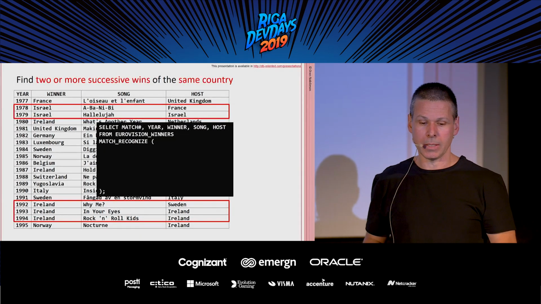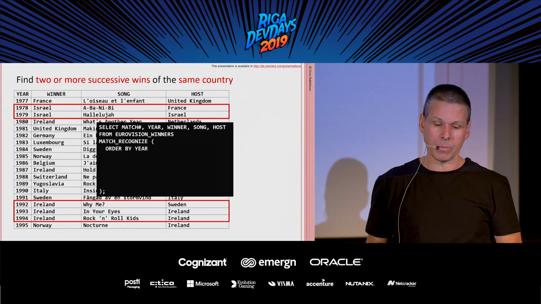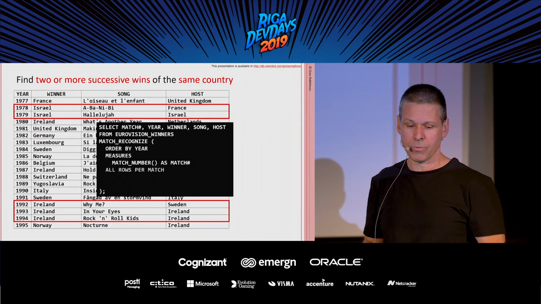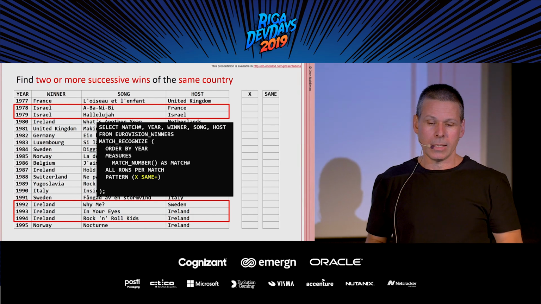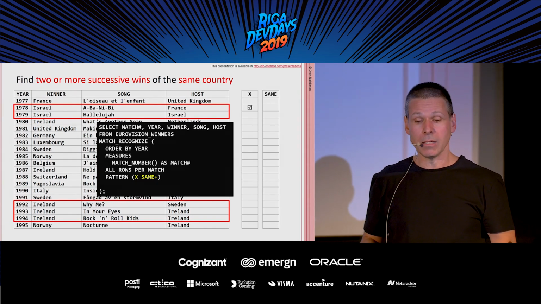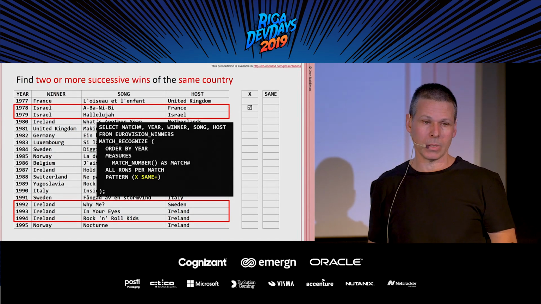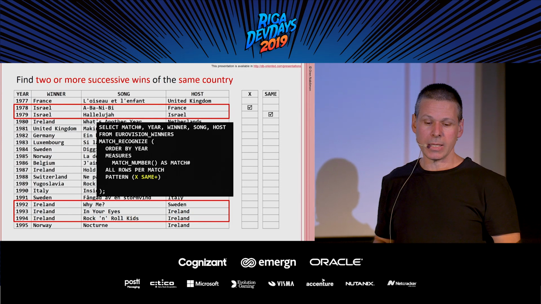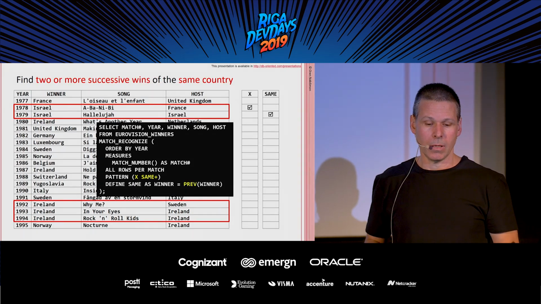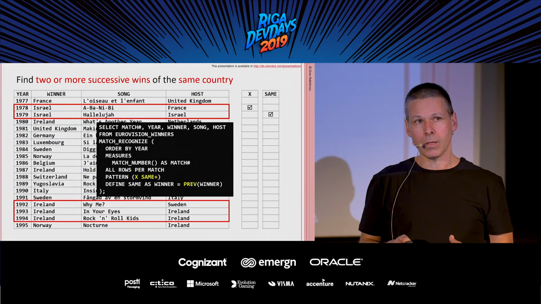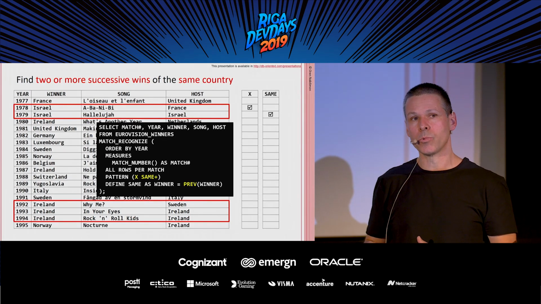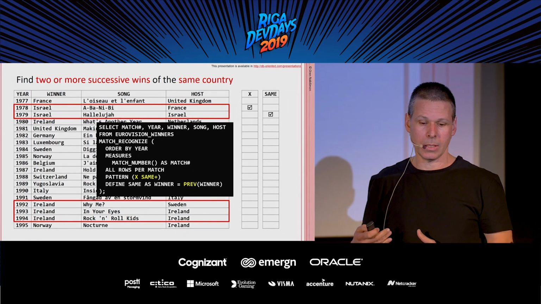So let's define it. Select from table, MATCH_RECOGNIZE, the standard stuff. And now the pattern. We are looking for some X record followed by 1 or more SAME records. And I define SAME as a record whose winner equals the winner of the previous record in the input.